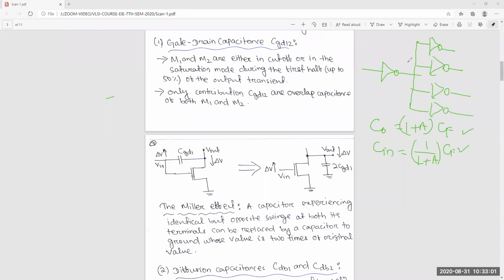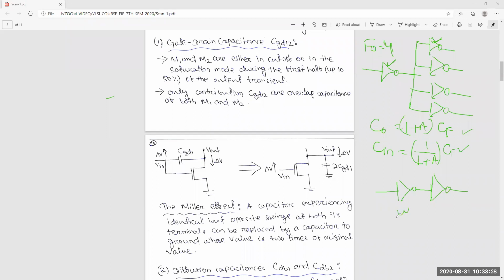Okay, so we can say here the fan out is 4, because it is the same type of inverter, and 4 inverters are connected. Or you can do it like this: suppose this is one inverter and this is another inverter.